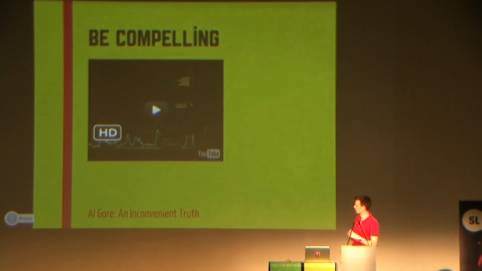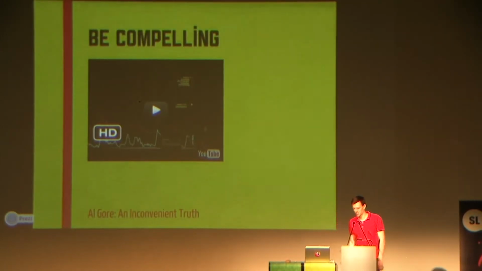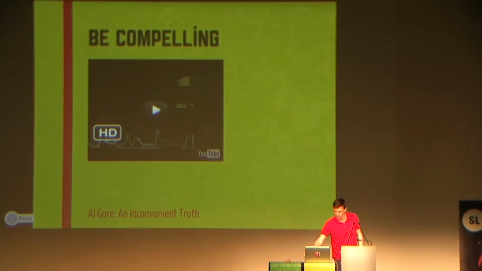I don't know whether you've all seen it, but he tells the story of carbon in the atmosphere over time, and then all of a sudden it's off the top of the charts, and he does a good presentation of it. But that wouldn't be compelling without the data, and if you were just looking at the data in a spreadsheet, you wouldn't get that narrative. It wouldn't be compelling at all.